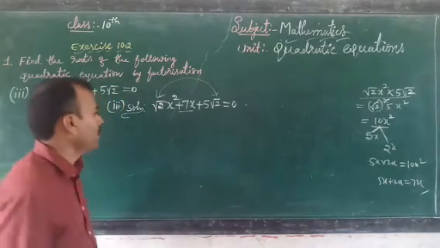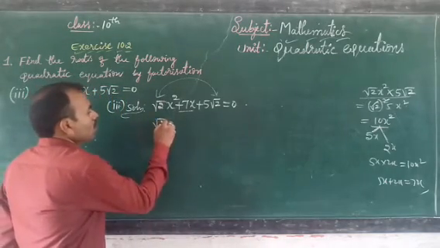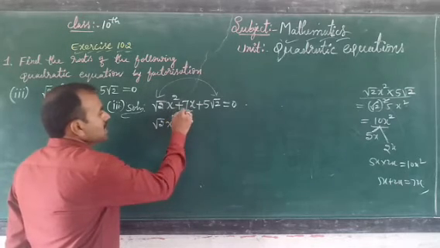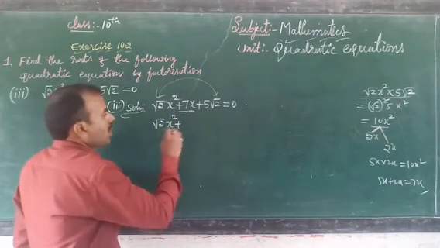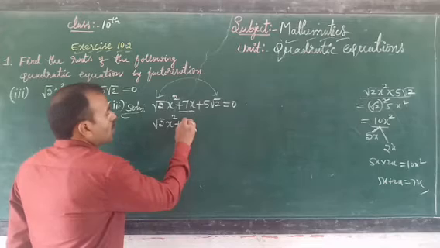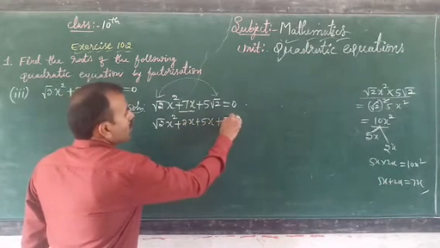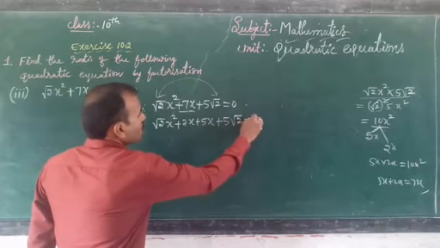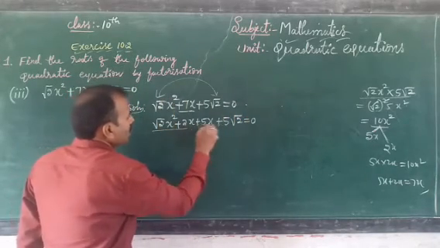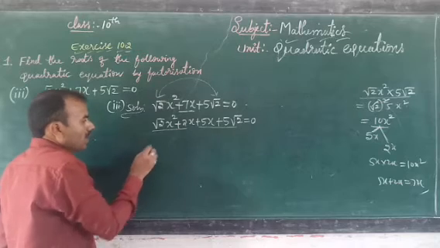It is right. Next, in the next step, root 2x square plus, instead of 7x, I write 2x plus 5x plus 5 root 2 equals 0. Group the terms and take out common.